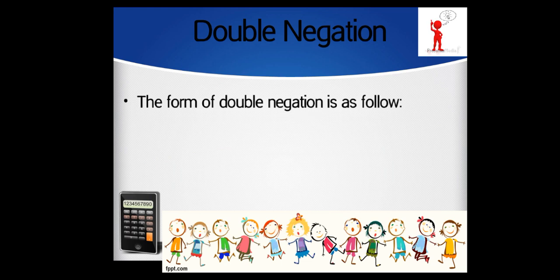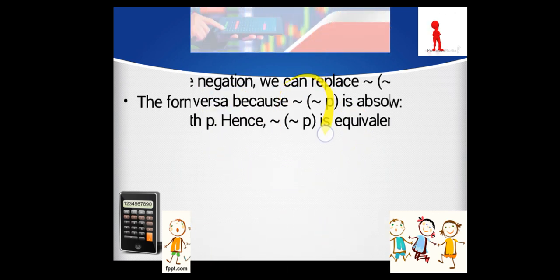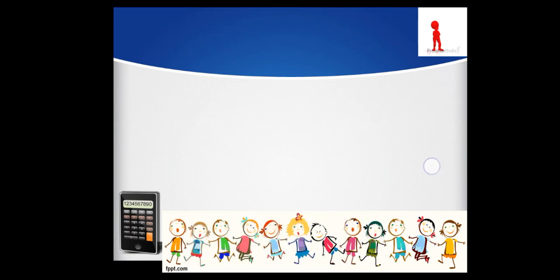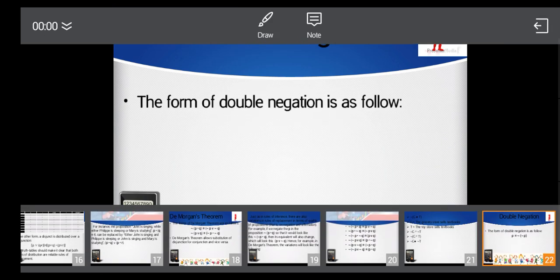So when we say double negation, the form of double negation is as follows. This one. Not not P is equivalent to P. Or negative times negative is equal to positive. That is negation.